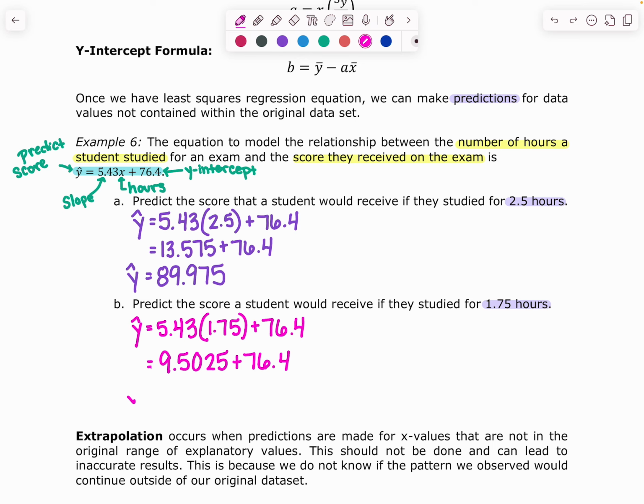And this time, my y hat is 76.4 added on. This prediction is an 89.9025. So based on whatever the original data set was that gave us this equation, if a student studied for 1.75 hours, which would be an hour and 45 minutes, this equation predicts that they would score an 85.9 on this exam.